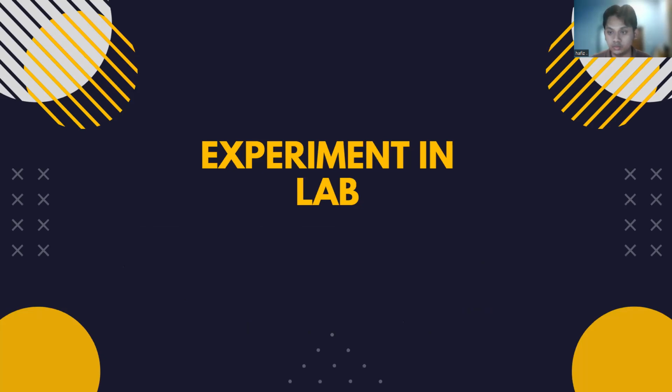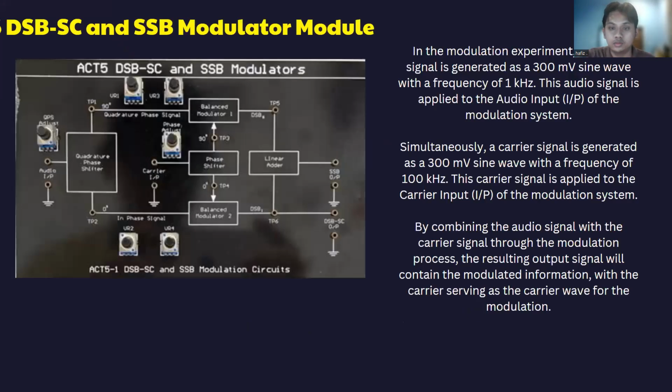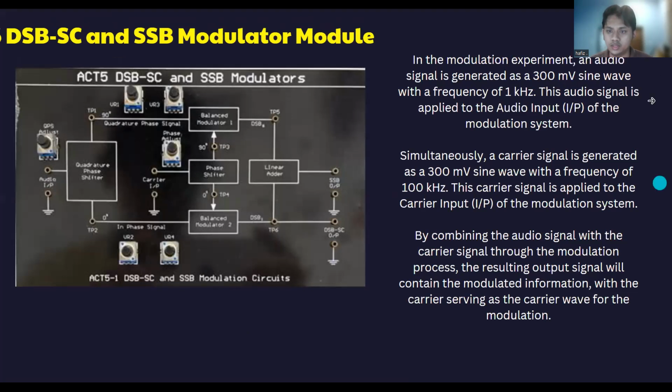After the simulation, we did it in the lab. This is the result of the experiment in the lab. First of all, we are going to see the DSB-SC modulation. In this modulation experiment, an audio signal is generated as a 300 millivolt sine wave with a frequency of 1 kHz. The audio signal is applied to the audio input of the modulation system.